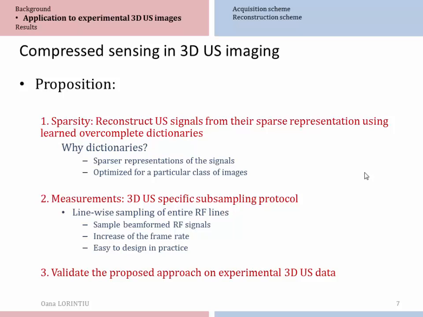So we subsample beamformed RF signals, and this will increase the frame rate, and it will be easy to design in practice using existing acquisition systems. This approach has already been validated in simulation, and now we propose to validate it on experimental 3D ultrasound data.